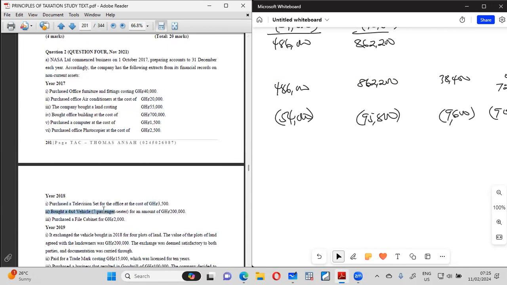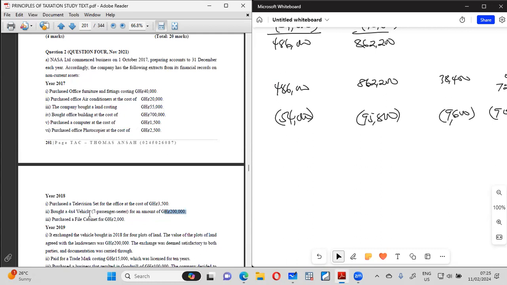Bought a 4x4 vehicle, 7-passenger seat, for an amount of 200,000 in 2018. Now, this one is something you have to be careful with because we learned something about a 4x4 car. The amount they used to buy the car is 200,000.